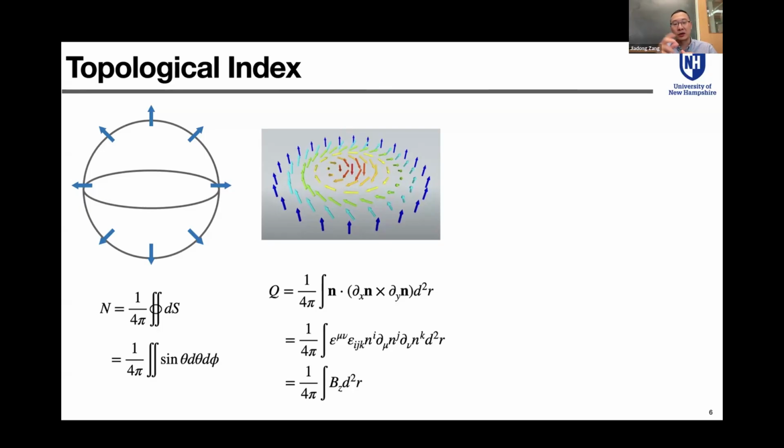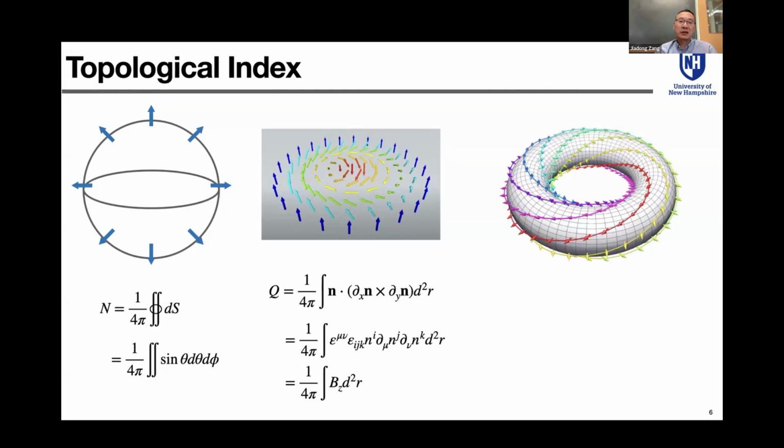Okay? So it is the total antisymmetrization of the three indices ijk and the total antisymmetrization of two derivatives, partial mu and partial nu. Okay? And this is actually an integral of the emergent magnetic field, and it is this magnetic field that causes the topological effect that has been observed in many experiments.